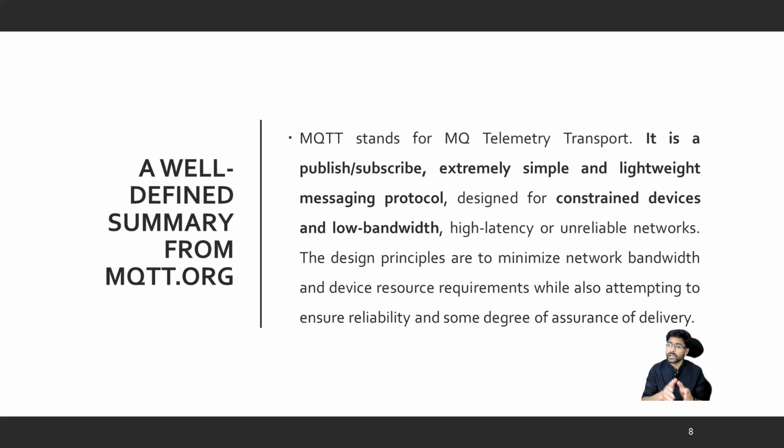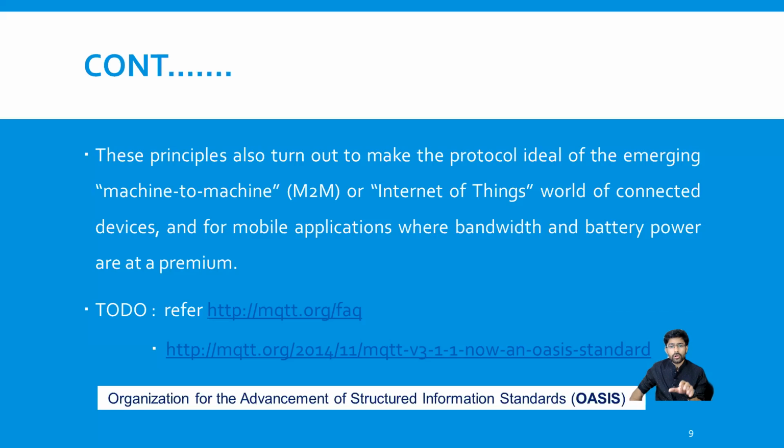We will talk more in detail about how you can ensure reliability and what degree of assurance of delivery is available in this protocol. So some set of reliability is there. It was basically designed for low power devices and constrained networks, right?